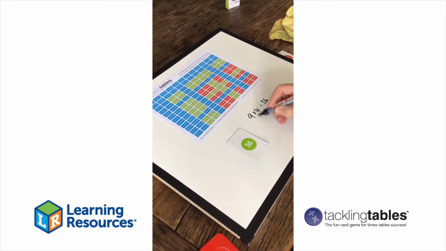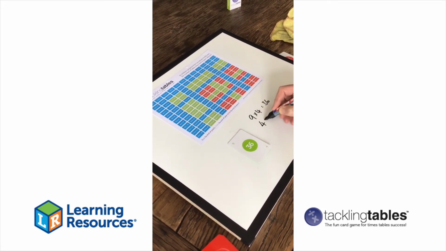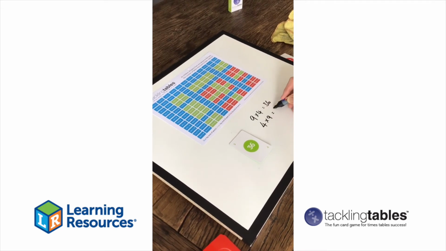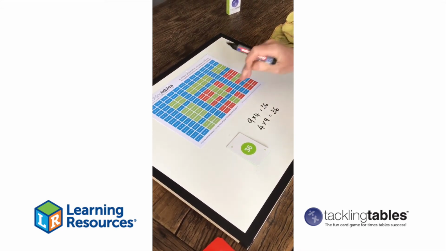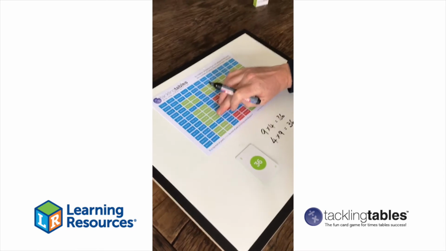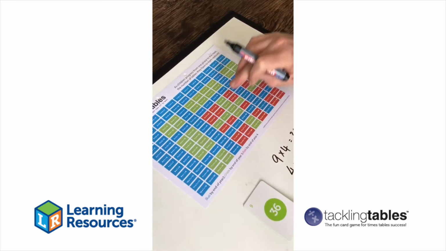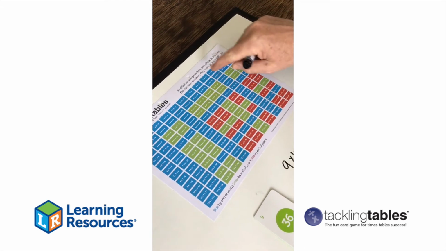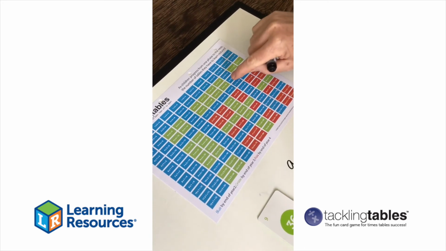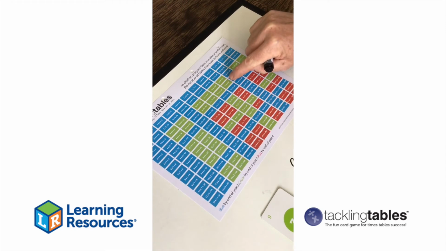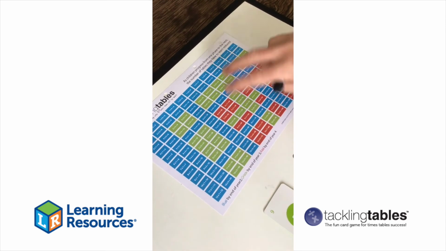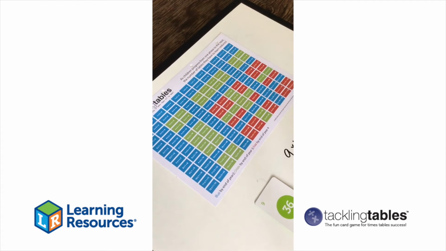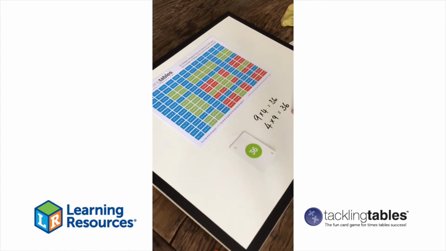I could also say, because I appreciate now if I turn those numbers around, that 4 9s are 36. And let's have a look at it, let's find it. Well, there it is, look in the green phase. 9 times 4 is 36, and then if we look at that in the 9 times table, 4 9s are 36. So again, we don't need to learn them both. If we know 9 4s, we should appreciate now that 4 9s are 36.